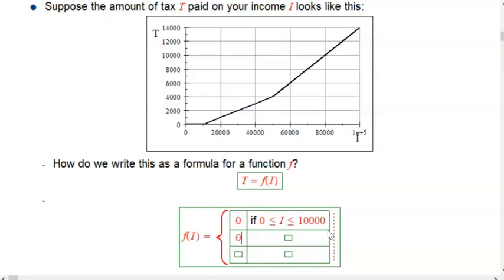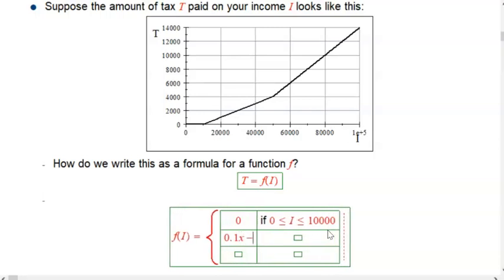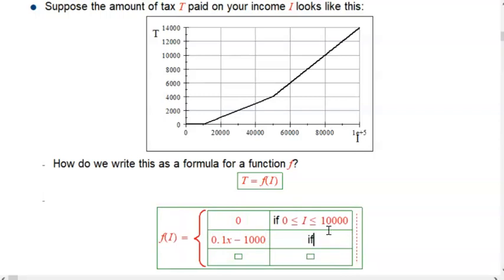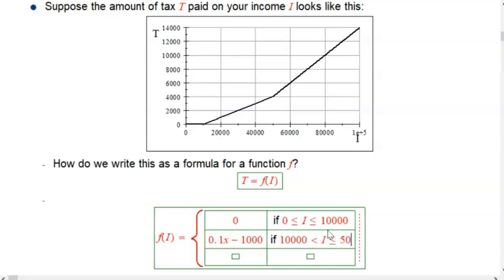It turns out to be 0.1x minus 1,000. That's a straight line. We know that mx plus b, it's just in exactly the slope-intercept form. That's if 10,000 is less than I is less than or equal to 50,000.